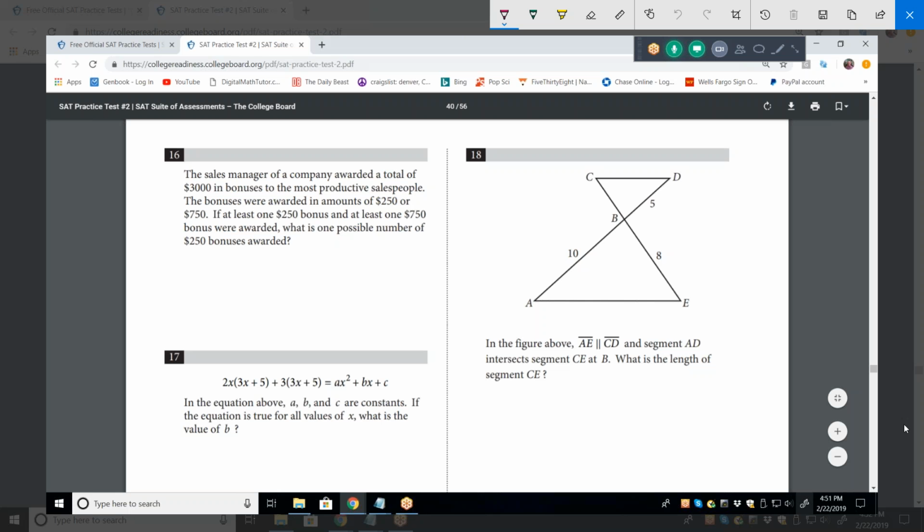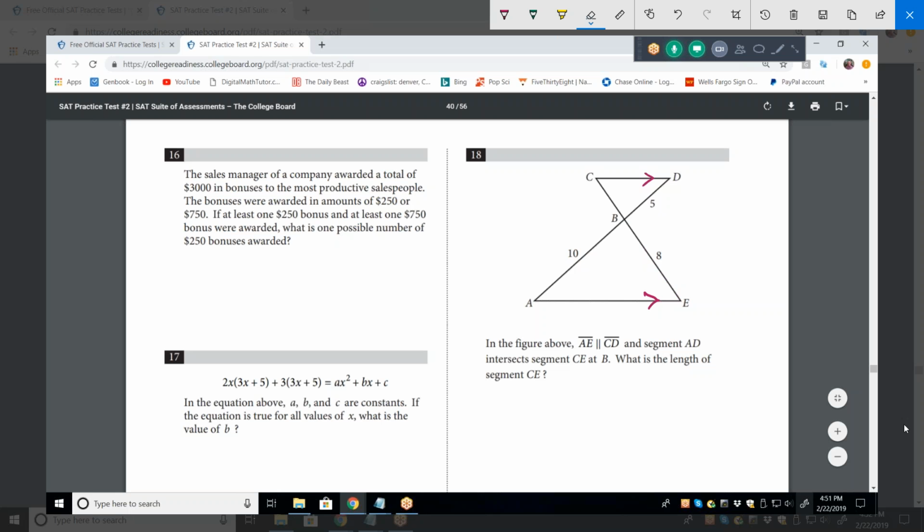Okay, so let's see. We've got AE parallel to CD. We could almost predict that without even reading it. What is the length of CE, from there to there? Okay.